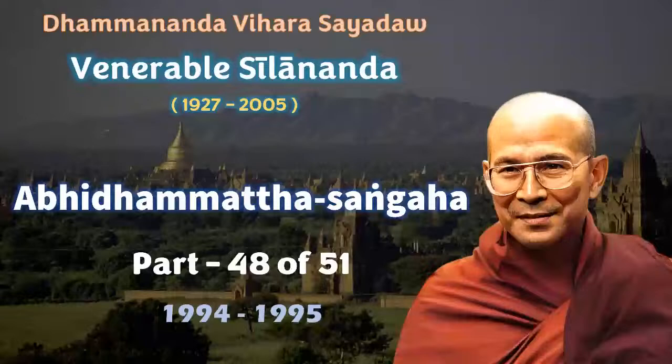What are the faultless states? Here in this book, only supramundane cetas and cetasikas are mentioned. But nibbana can be taken by kamavacara cetas also, right? Immediately after enlightenment, there are what are called reflecting thought processes.